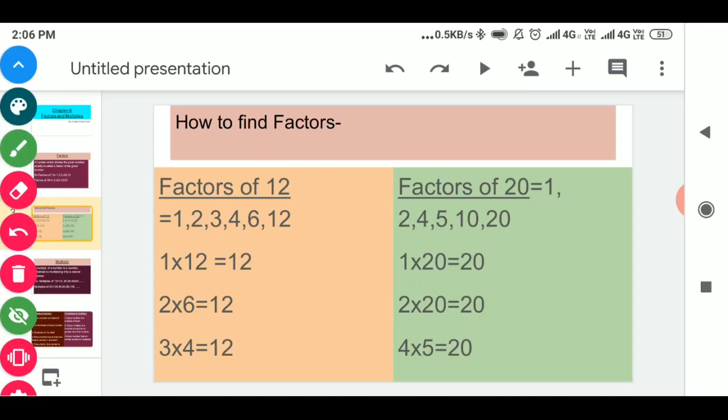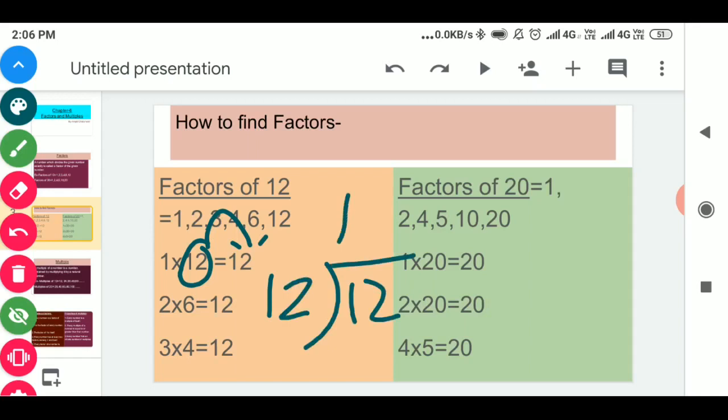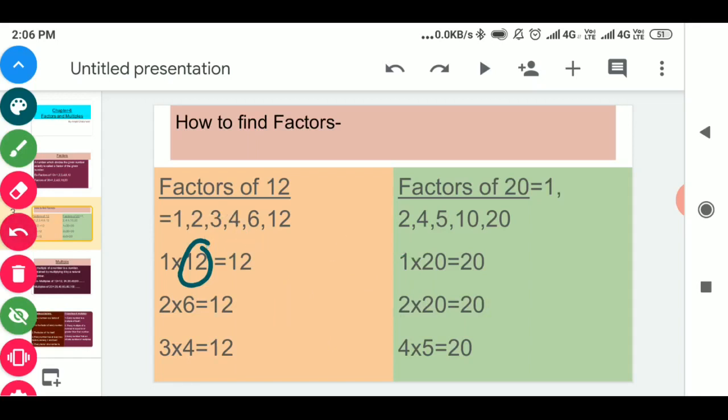So this number 1 can divide 12, and this number 12 can also divide 12, exactly 1 time. So 12 is a factor of 12. The numbers whose product is 12 are the factors of 12.